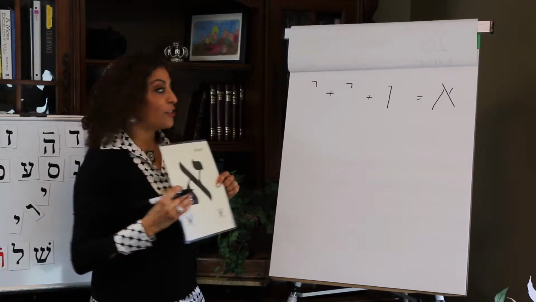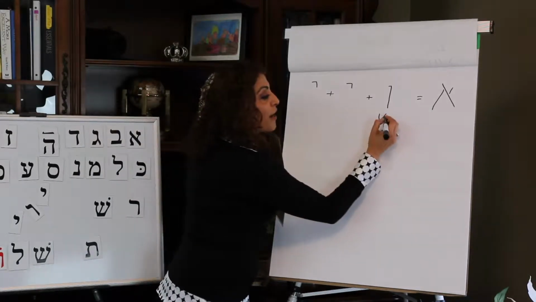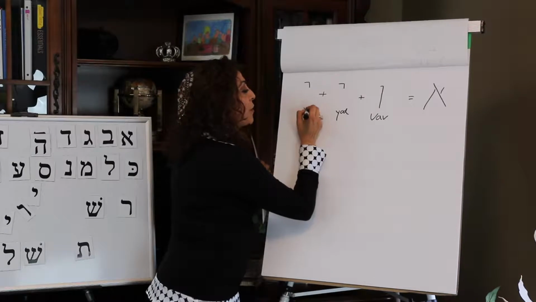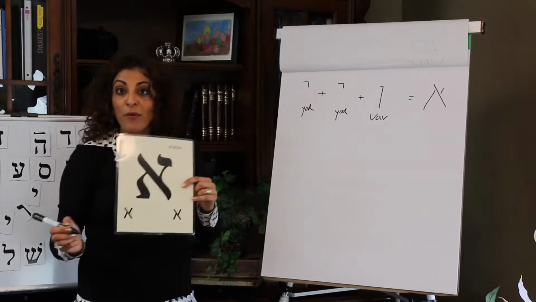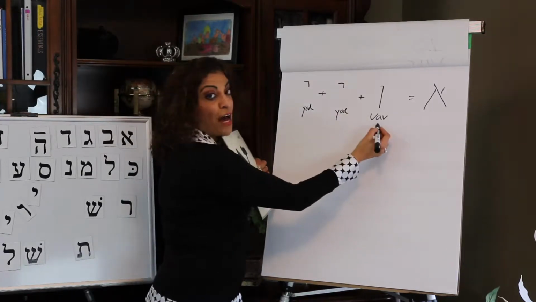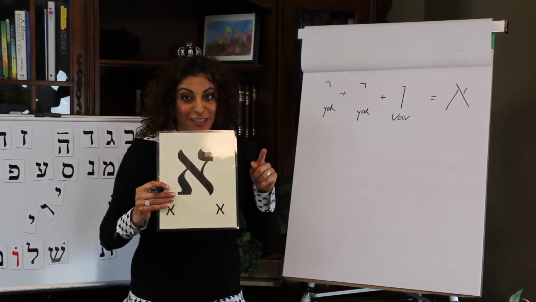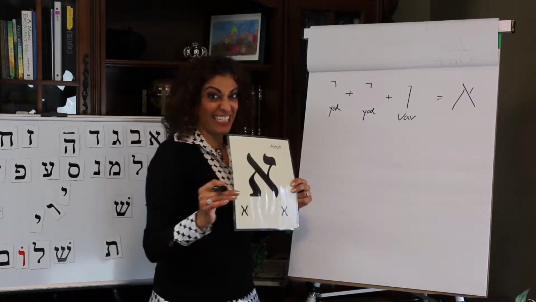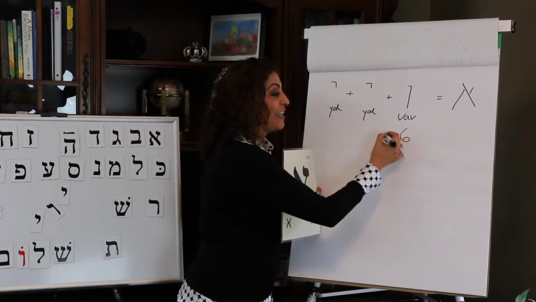Okay? It's just 2. This is the letter Vav. This is the letter Yud. And this is another one. The numerical value of it, if you add those up, Vav is equal to, let me give you a second to think. What is it equal to? 6. Good. 6.